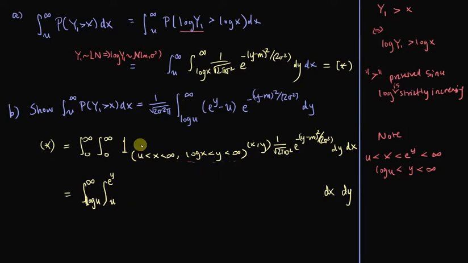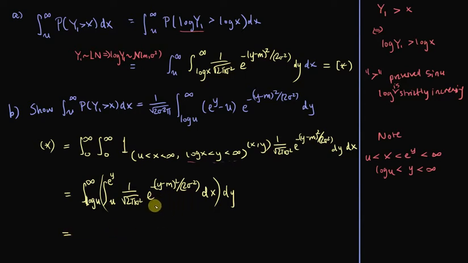And the only thing we need to do now is to figure out what to do with whatever is inside here. So what we have is 1 divided by square root 2 pi sigma squared multiplied by e to the minus y minus m squared divided by 2 sigma squared. I think I've written the dx dy a bit too far out, so let's just move it in. What we want to do first is integrate with respect to x.